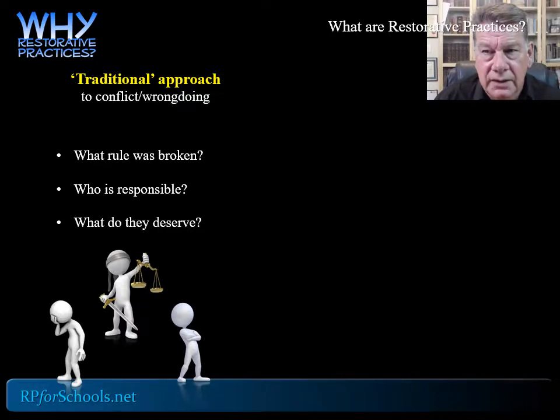So the decision making is all in the hands of an external party, not in the hands of those most affected, and certainly not in the hands of those responsible for the wrongdoing.